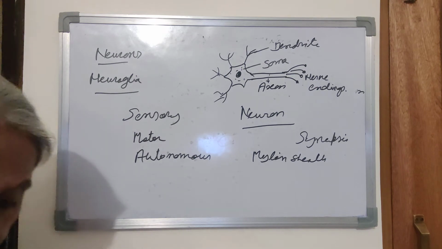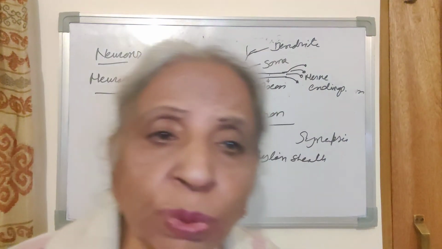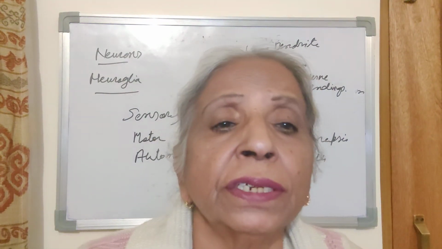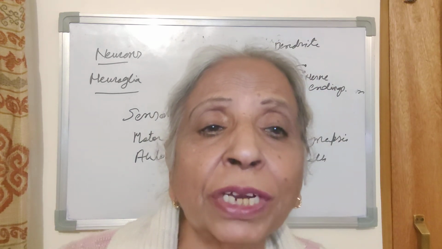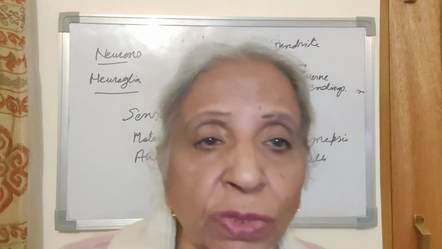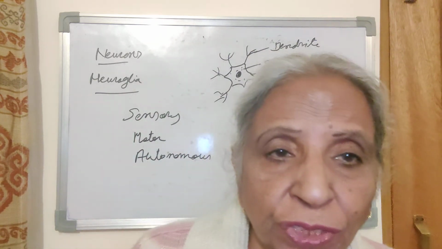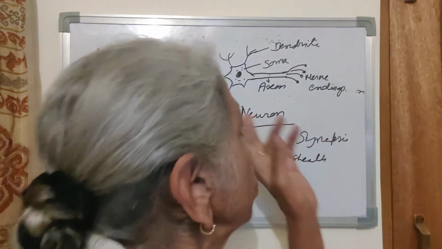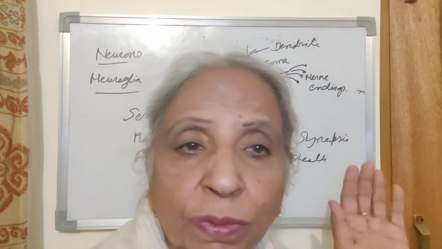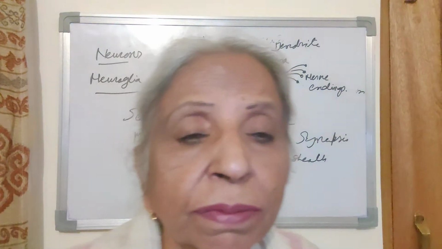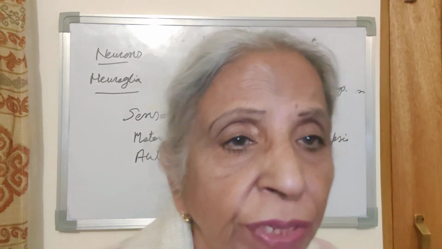So nervous tissue is formed of two kinds of cells. Neurons are actually nervous, and many of them are bound together by connective tissue to form the nerve fiber. These neurons are also called nerve fibers, and they are present in the brain as well as in the spinal cord.